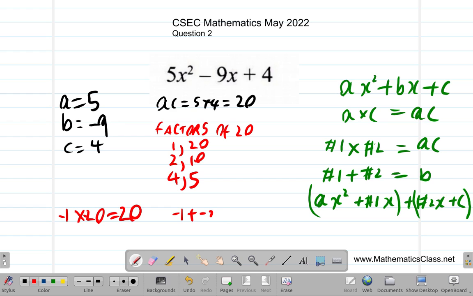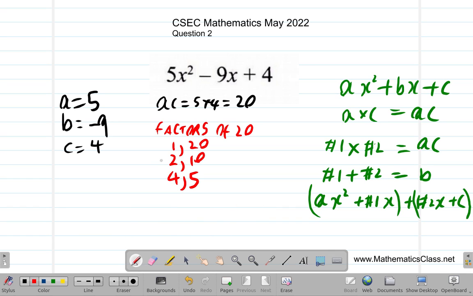Negative 1 plus negative 20 is negative 21, not negative 9. So let's try 2 and 10. 2 times 10 gives you 20. Nice. But does 2 plus 10 give you negative 9? No, that's 12. Make both of them negative, multiply to give a positive 20. But negative 2 plus negative 10 is negative 12. You want negative 9, so these can't work.